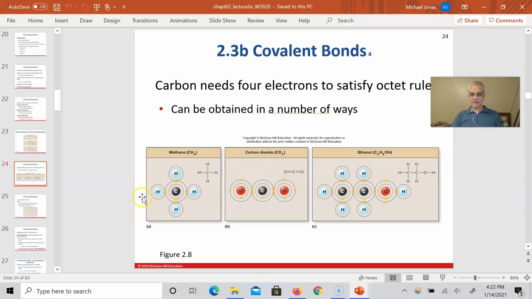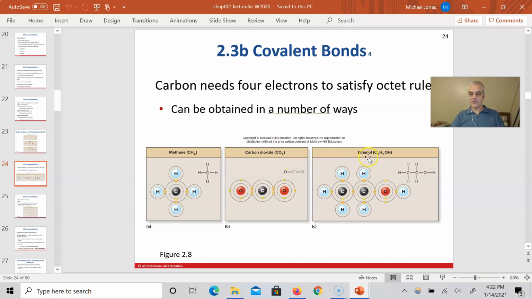Covalent bonds are very, very common throughout the world of physiology, all over the place. So here's methane, here's carbon dioxide, CO2. These chemical formulas tell you that methane has one carbon and four hydrogens, and carbon dioxide has one carbon and two oxygens.